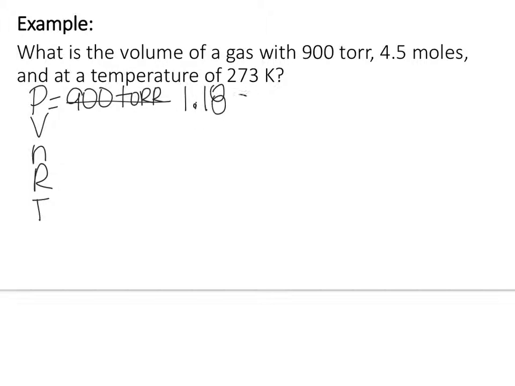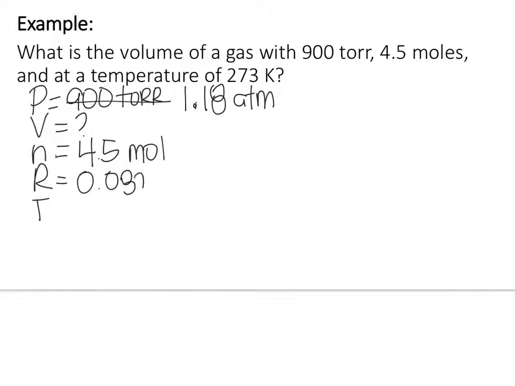You've had a video on that. Do not ask me how to convert to atm. Okay, your volume is what we're looking for, our moles are 4.5. R is always the same. And our temperature is 273 Kelvin.